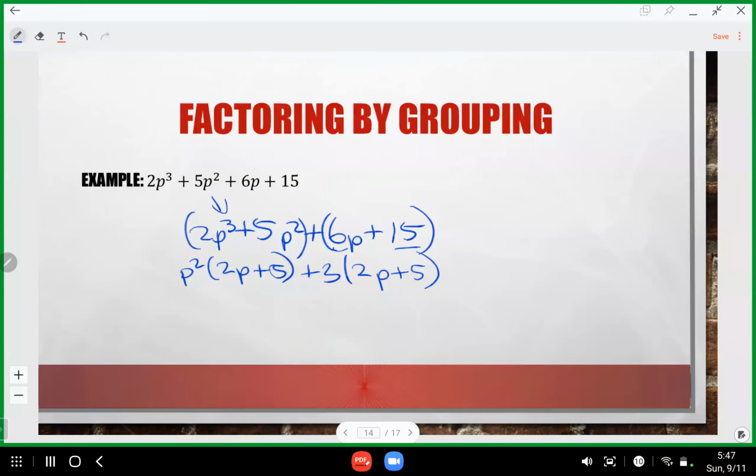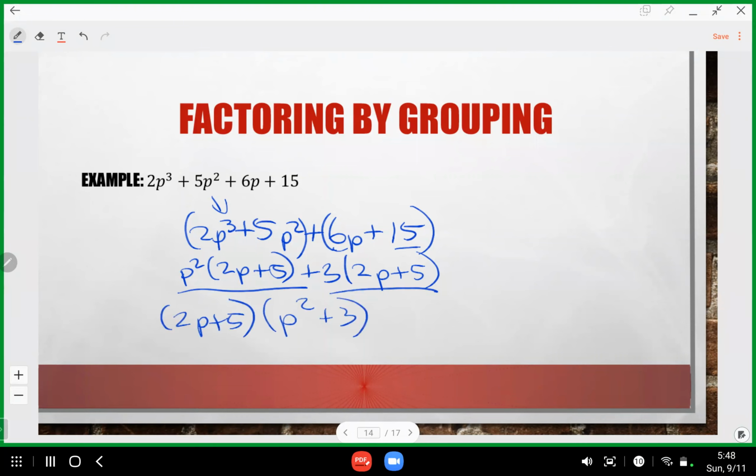What is the greatest common factor now? Since we now have 2 terms with a common factor, the greatest common factor is going to be 2p plus 5. And then p squared plus 3.